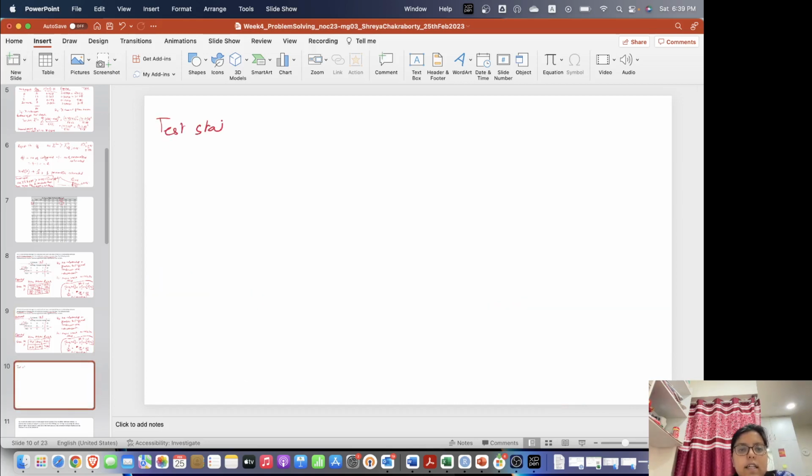So the test statistic is similar, which is summation of observed minus expected whole square by expected.